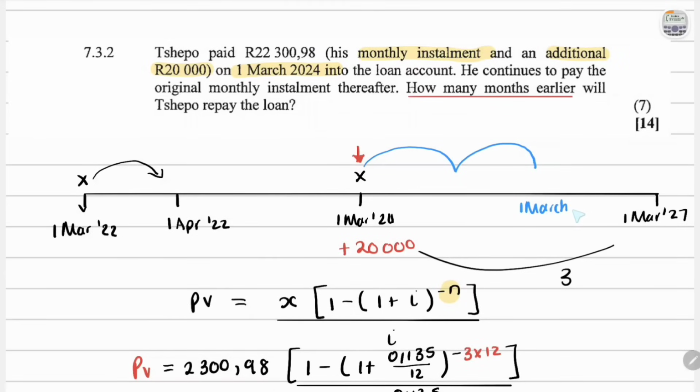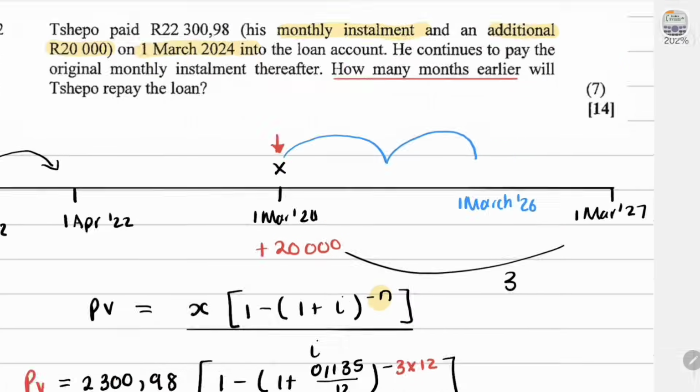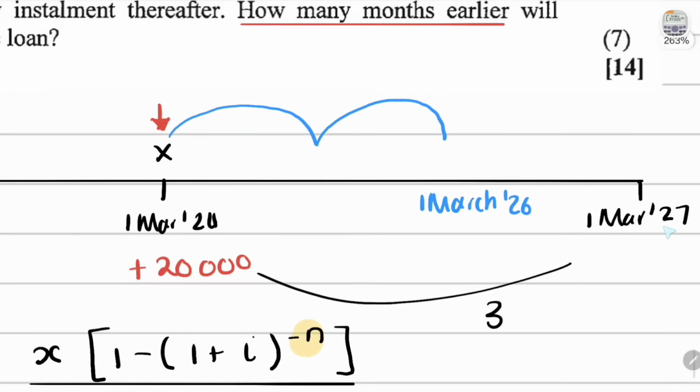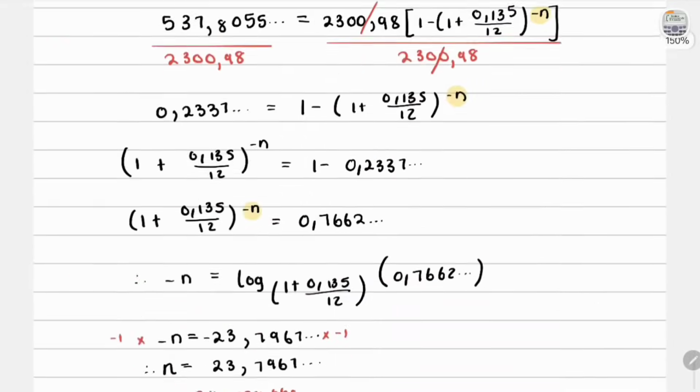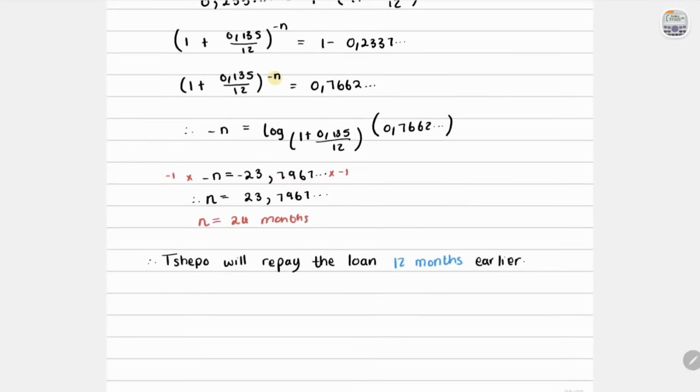So how many months earlier does he finish paying off this loan? He was supposed to finish on the 1st, 2027. So he finishes this loan 12 months earlier. Okay, not in 12 months, but 12 months earlier. And so we can conclude that, in conclusion, Tsepo will repay the loan 12 months earlier. And that is our answer.